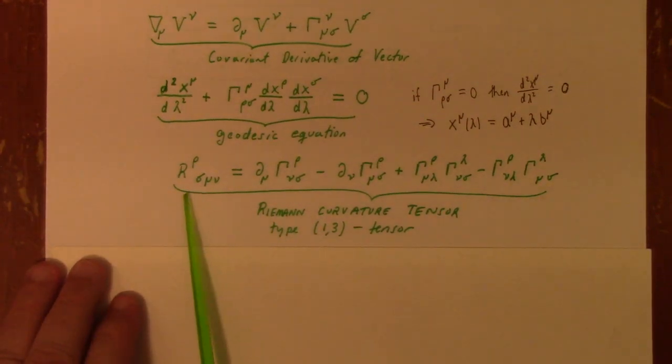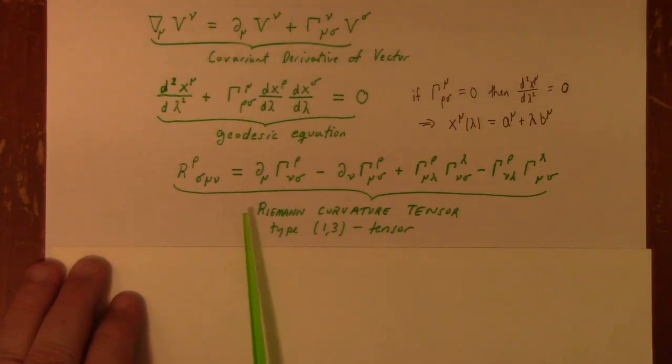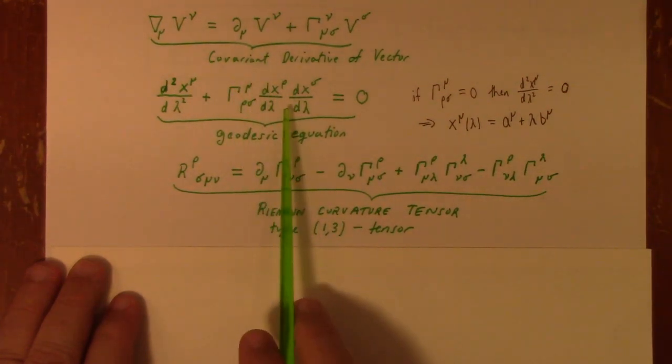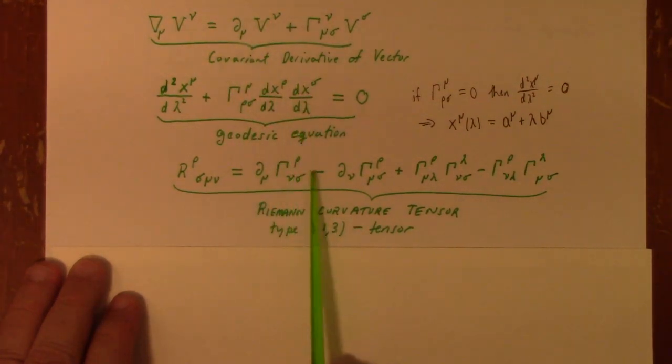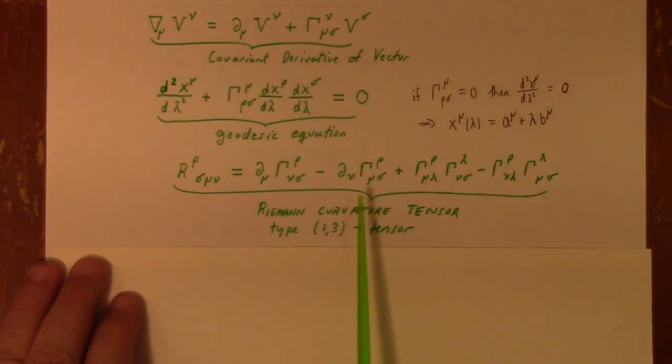So here, the next step in the game is to introduce the Riemann curvature tensor. Obviously, there's not a lot at this level of the conversation. Like, how do you get from here to here? Who knows? It's not at all obvious.